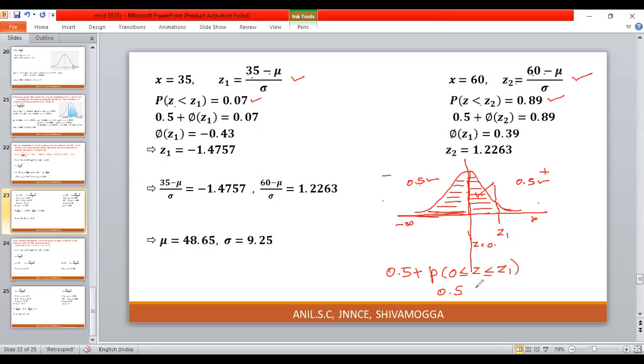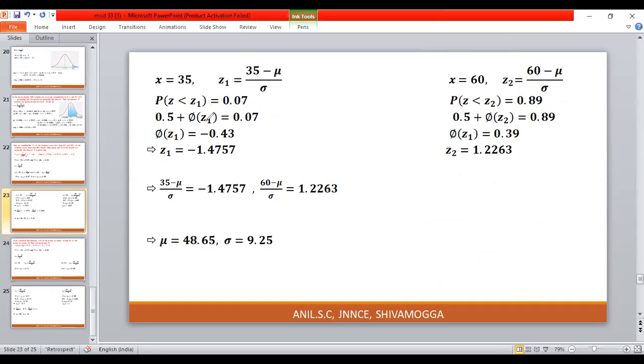Therefore, this is 0.5 plus P of 0 less than or equal to Z less than or equal to Z1, which is phi of Z1. That's what I have written here. 0.5 plus phi of Z1 is equal to 0.07.